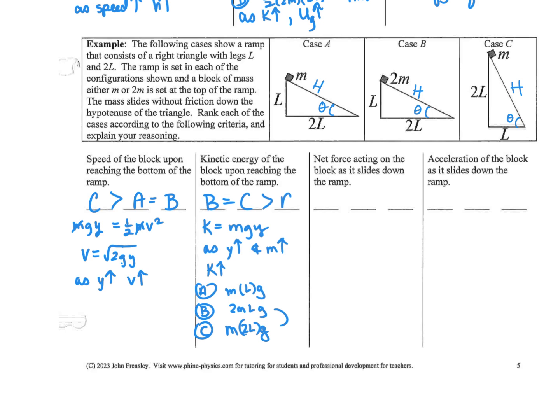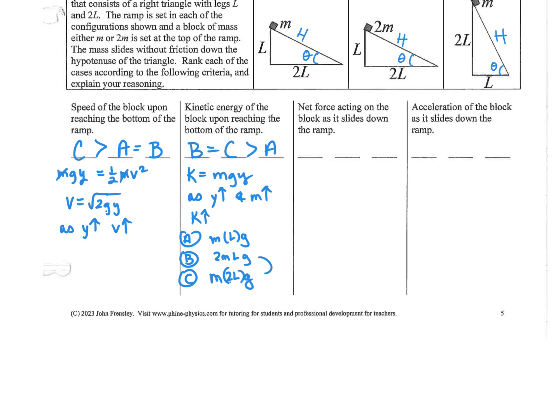Ranking tasks. I love ranking tasks. Net force acting on the block as it slides down the ramp. Well, the net force is going to be the acceleration times the what? Here's a fun way to think of this though, guys.